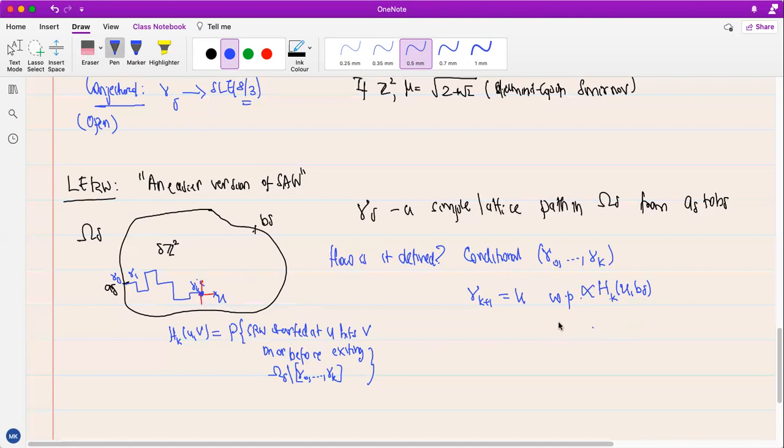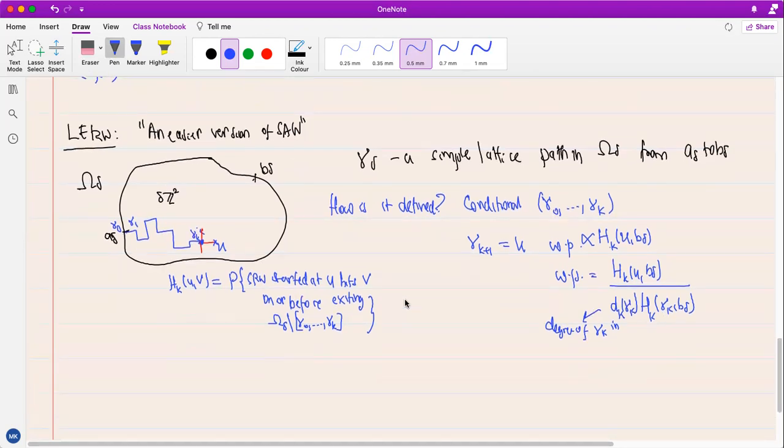But we can write down exactly the normalization here. With probability exactly, we can write it as h_k of u b delta over h_k of gamma_k b delta times d_k of gamma_k. So what is d_k of gamma_k? The degree of gamma_k in here, meaning in this case it is 3. So this is the normalization.